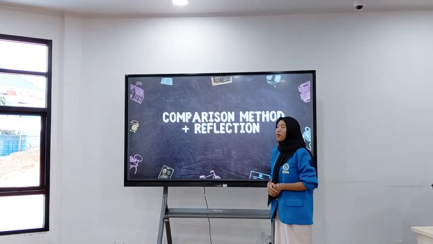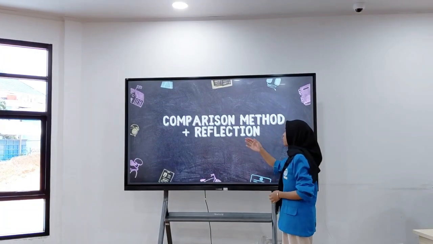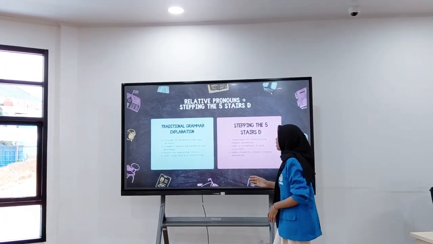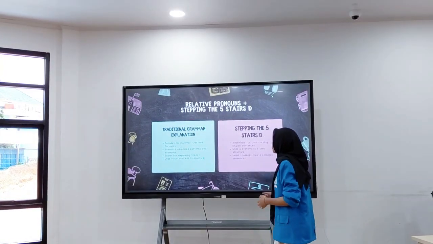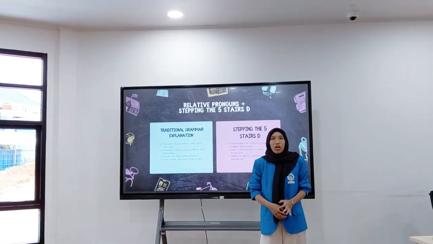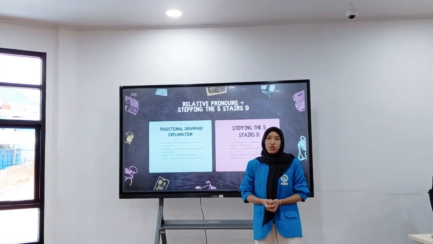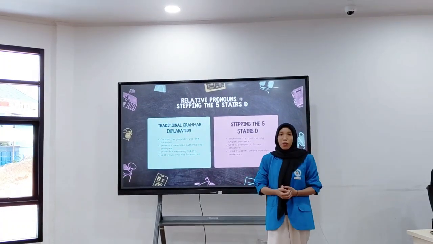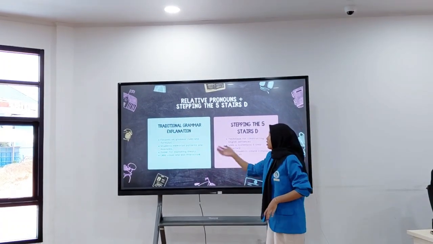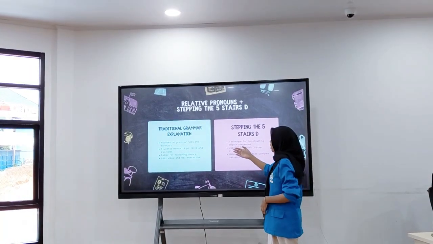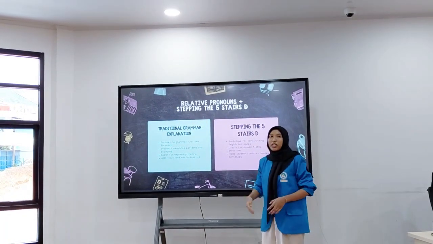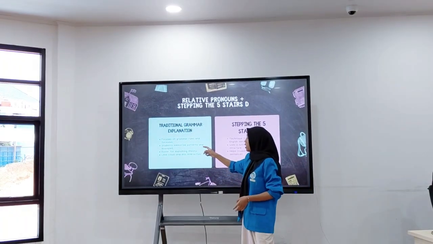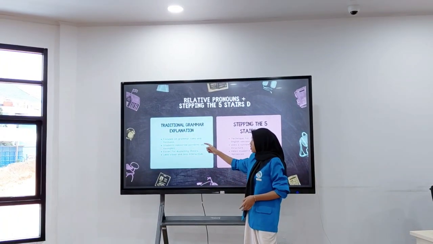Next, I'm going to present the comparison method plus reflection: relative pronoun plus Stepping the 5-Star D. We are going to present our topic about relative pronouns. We will compare two methods: traditional grammar explanation and Stepping the 5-Star D. Traditional grammar focuses on formula and grammar rules.